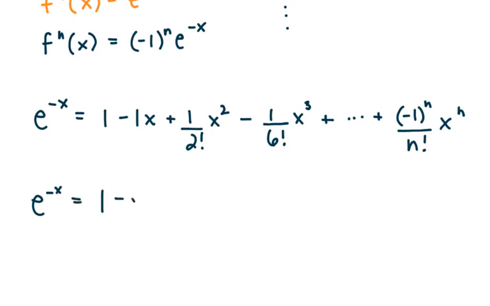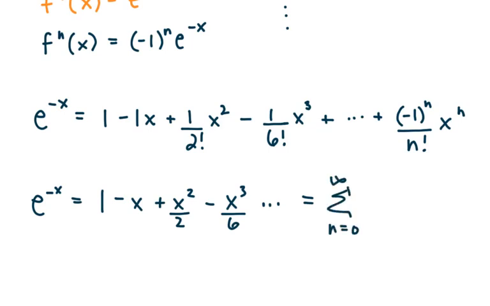I've got 1 minus x plus x squared over 2 minus x cubed over 6. And that is equal to the sum, as n goes from 0 to infinity, of negative 1 to the n over n factorial x to the n.